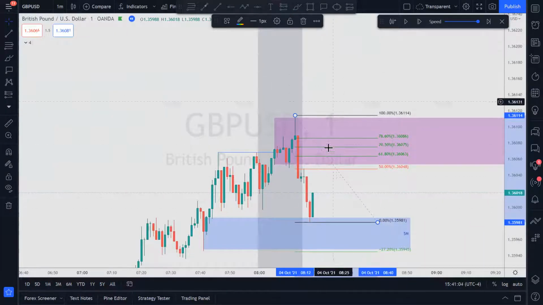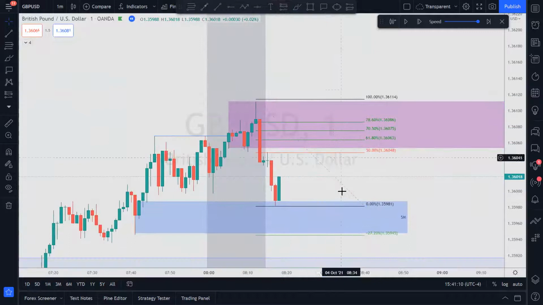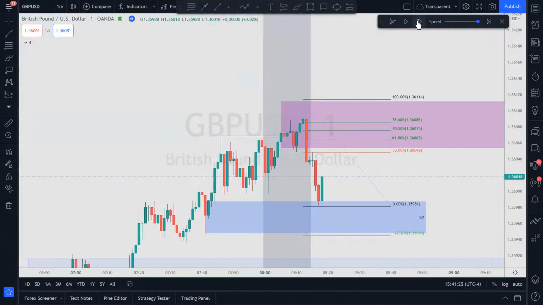That's for retailers. Here is your premium price. If price comes up here, you take your short. But you got to make sure when you get that leg, it's broken structure. It has to break structure in order for you to even get on your radar. Okay. So let's go.